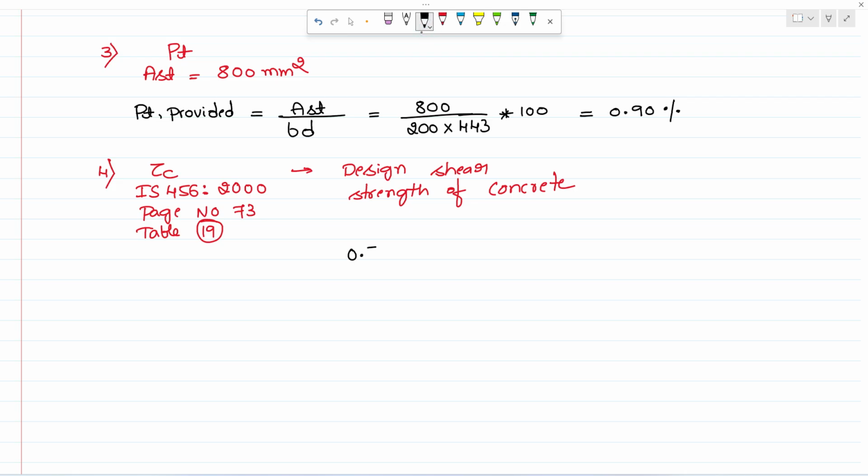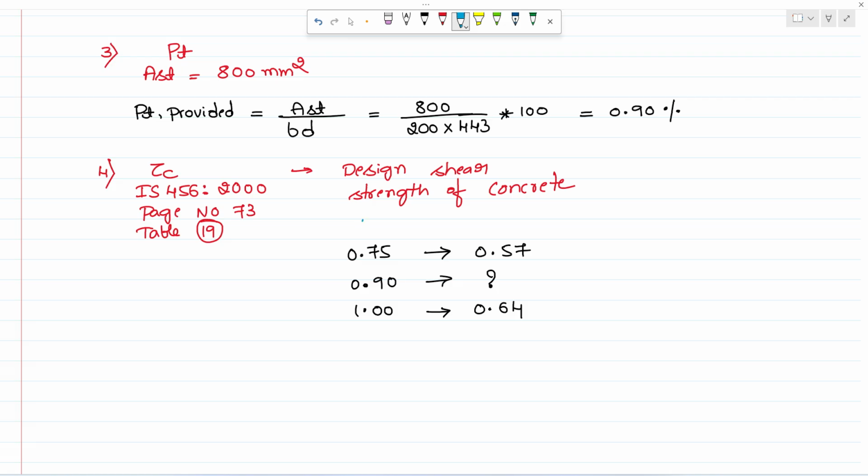For percentage of steel 0.75, tau C is 0.57. In our case PT is 0.90, and you need to calculate this tau C. The next value is 1. For percentage of steel 1, your tau C is 0.64.